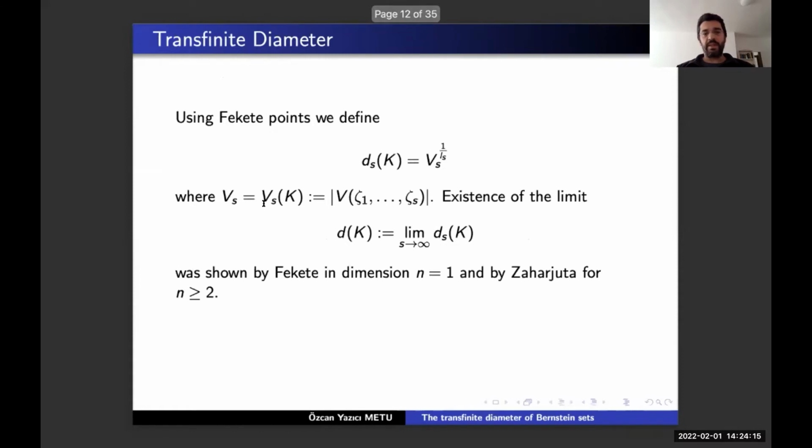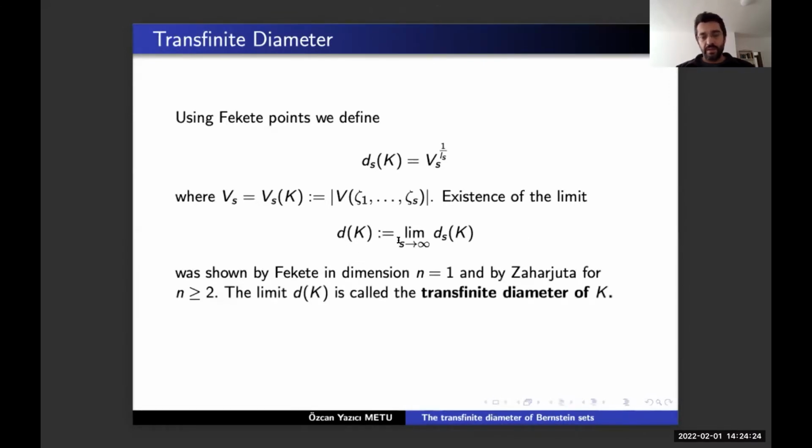As s goes to infinity, we take the limit, and this limit is called the transfinite diameter. This limit always exists. This was shown by Zaharyuta in general, and in one dimension it was shown by Fekete. These are some old results.